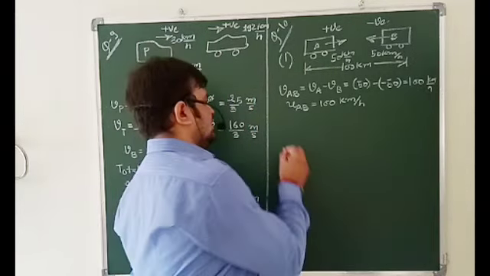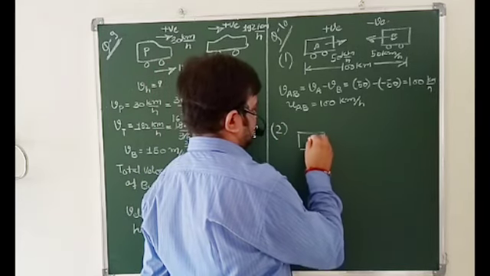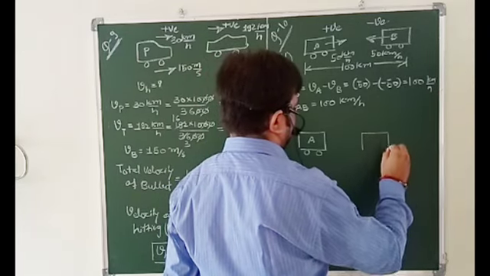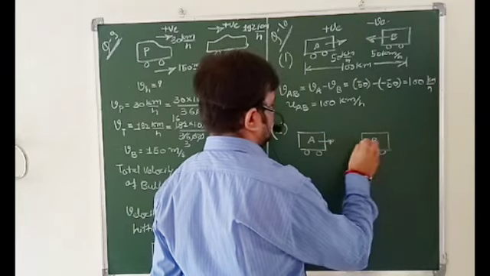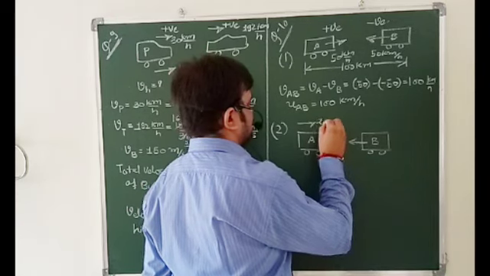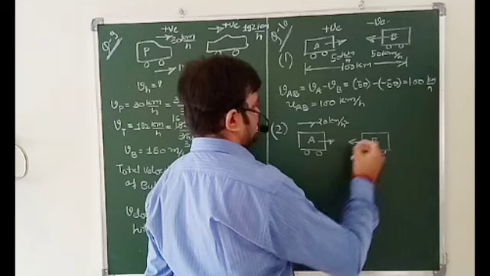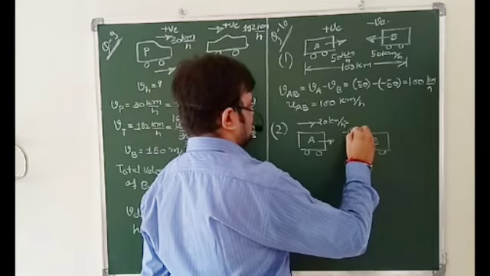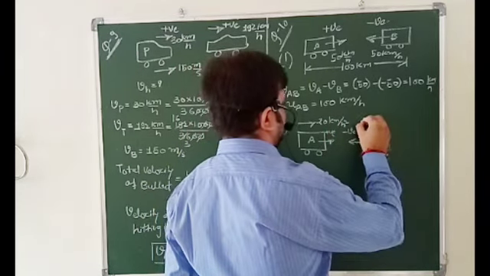So in case 2, here it is train A, here it is train B. The directions of both are opposite. Train A accelerates with 20 km per hour square and train B retards. The direction of train B is in the negative direction, so the retardation is in the positive direction.